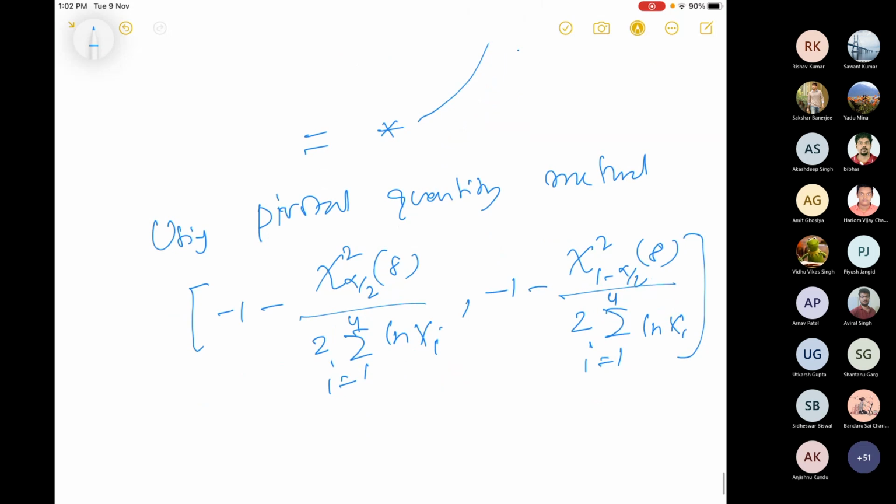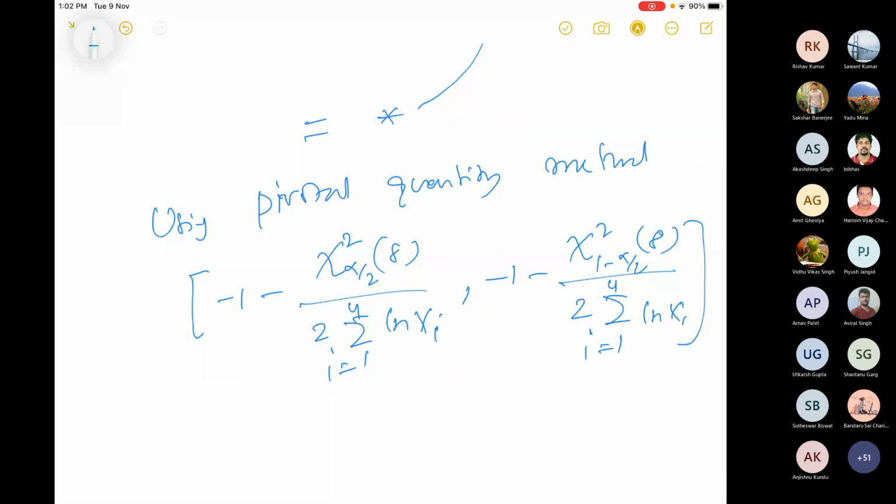I know all these xi's, and I know alpha, whatever the confidence level.